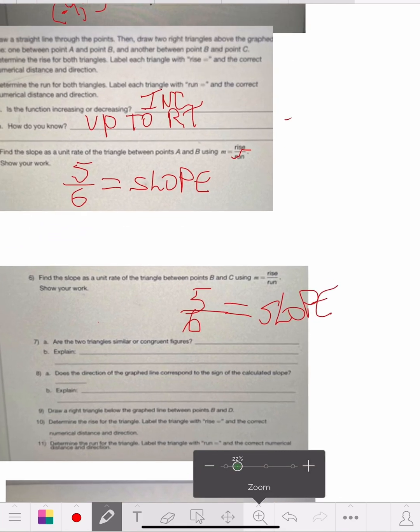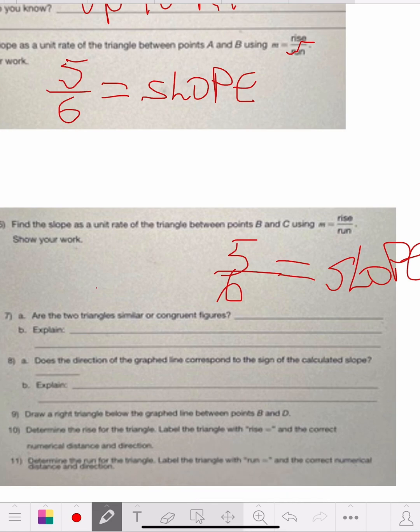Now, are these two triangles similar or congruent? Part of the thing I know, these are congruent because they're identical. They got the same 5 and 6, 5 and 6. They're the same thing. You can have three different kinds of triangles here: similar, congruent, or neither.